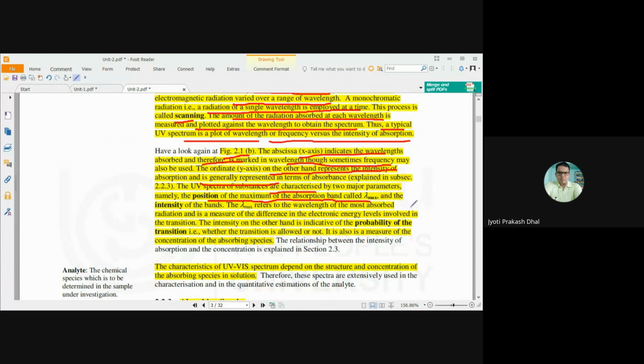In this spectrum, the corresponding wavelength position is called lambda max. The second is the intensity of the band. These two factors are used to characterize the sample through UV visible spectra.